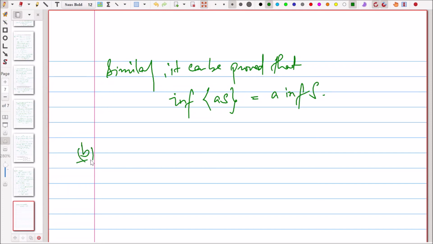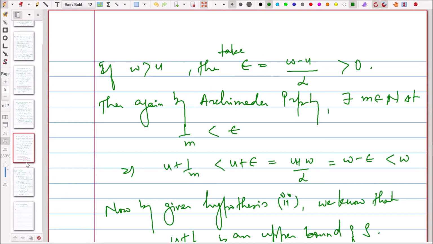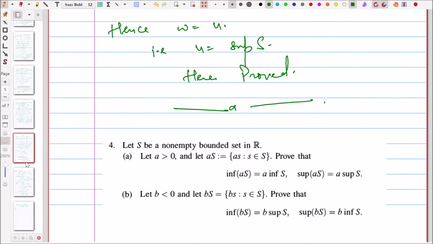Now let us take the next part. So let us prove this B part. We take this second part.